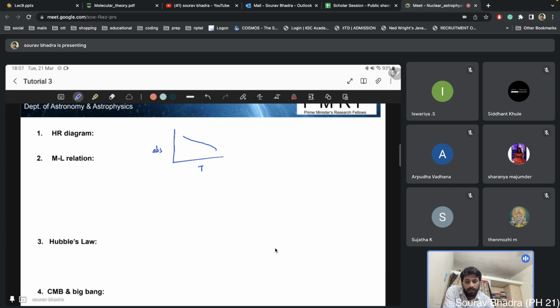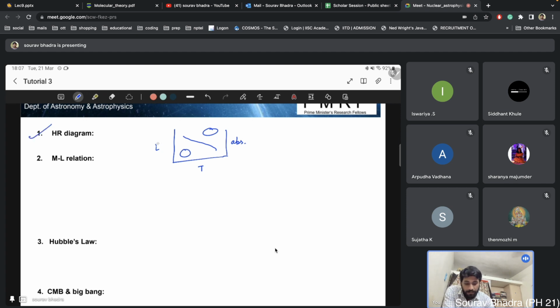You know all the things about the main sequence, the supergiants, the white dwarfs. You can also think of it as a luminosity-temperature diagram, with luminosity on the right side and absolute magnitude on the left side.